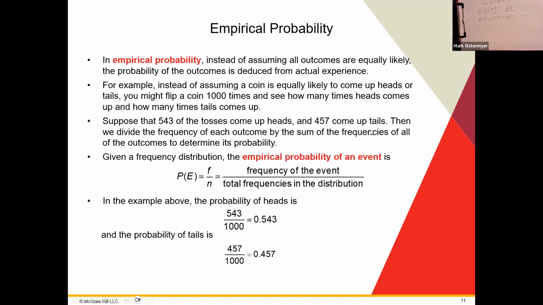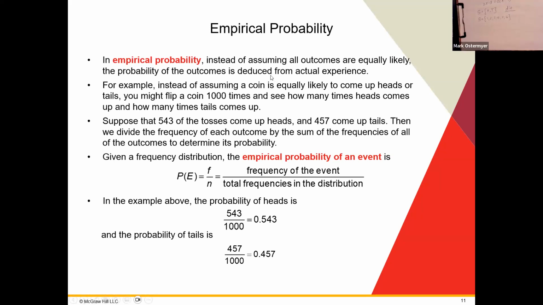All right, there's another way to compute probabilities. It's called the empirical rule method, or sometimes we call it the relative frequency way of computing probabilities. And for this particular model, ladies and gentlemen, we do not assume and cannot assume that every outcome in a sample space for a probability experiment has an equal chance of occurring.